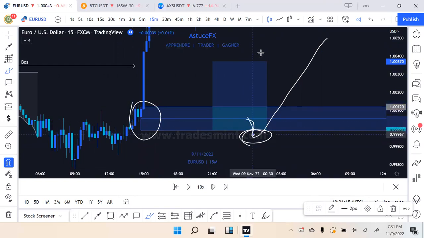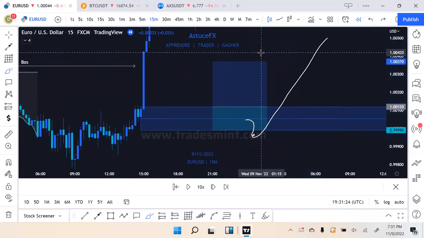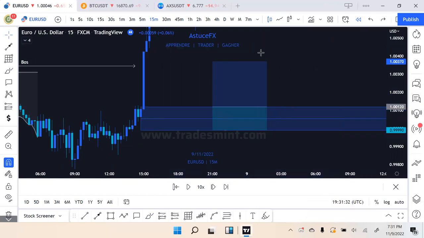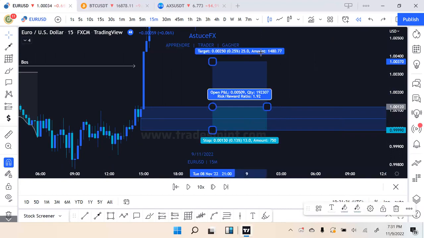So if price comes here and buys, it means price came to take the stop loss or the liquidity so that it can buy. The liquidity is not always double top, double bottom, trend line liquidity. Liquidity can also be the order block. Below the order block, we have SMC traders' liquidity, which is the stop loss. So price can just go and take it out.